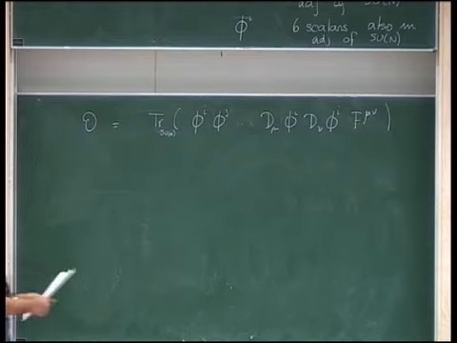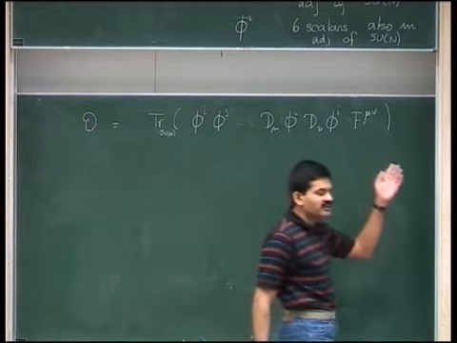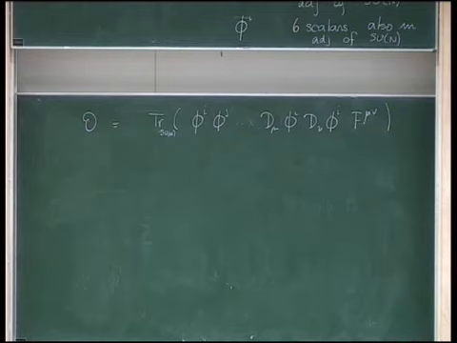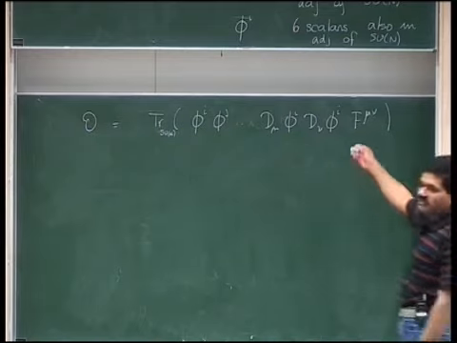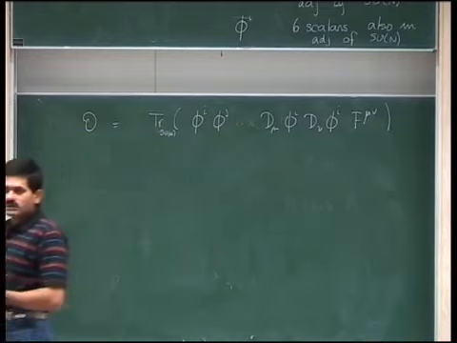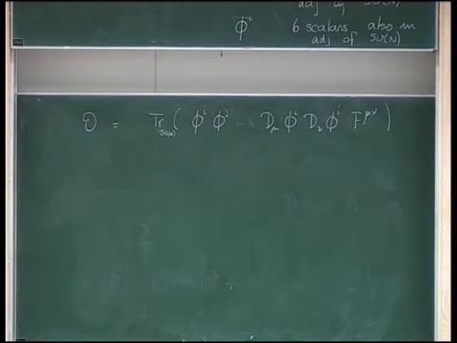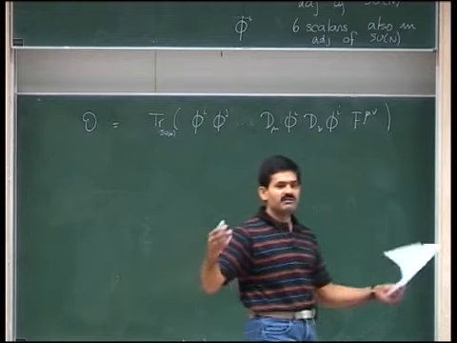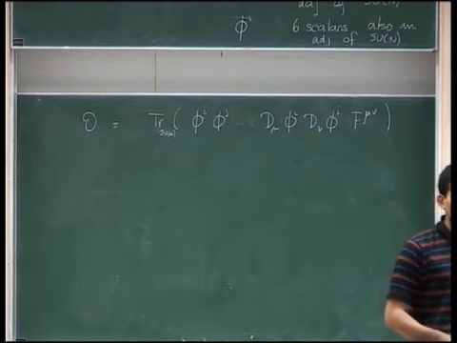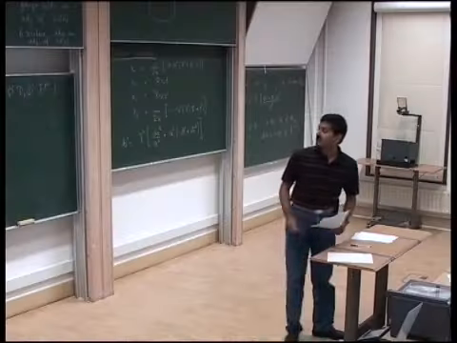By construction, it explicitly transforms in the singlet representation of SU(N) and is gauge invariant. So when I talk about gauge invariant local operators, I mean precisely objects of this kind. I take my fundamental fields, string them together, and then make sure they are gauge invariant by taking a trace.